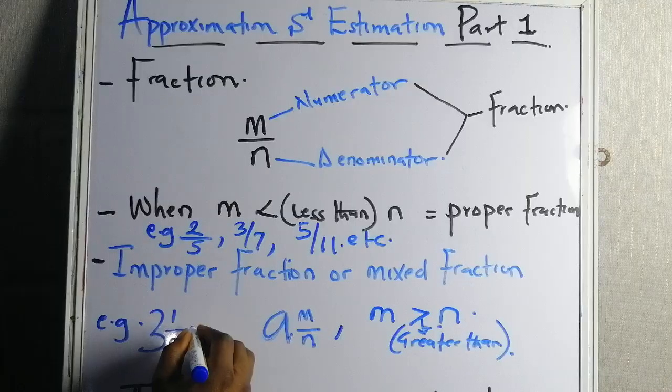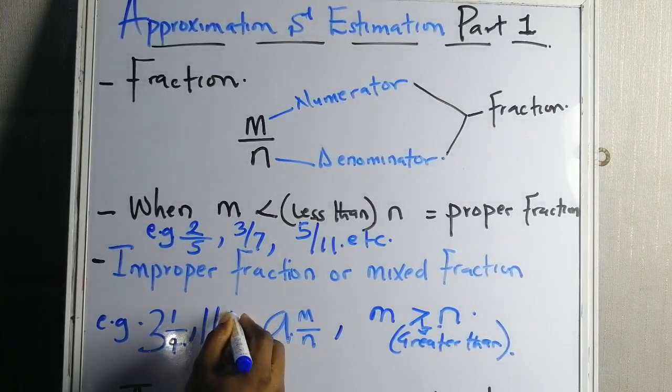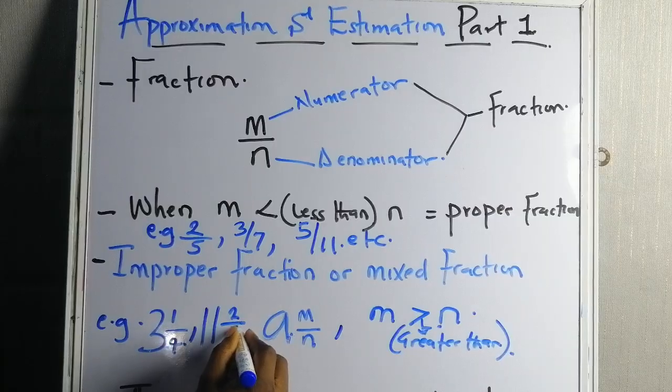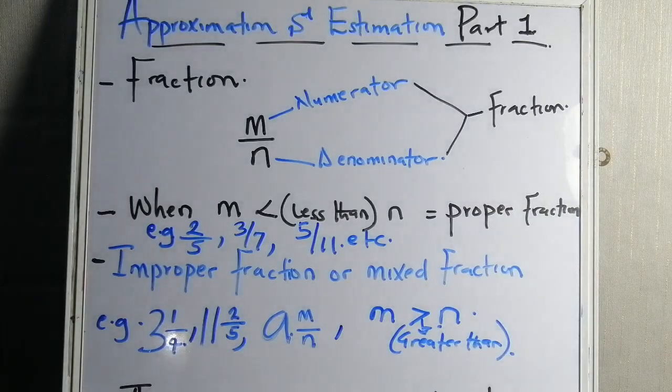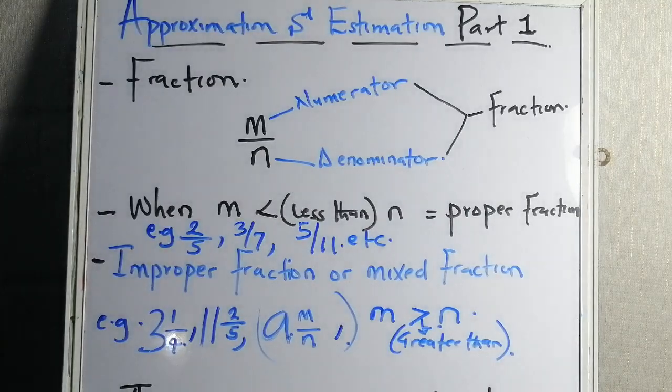You can also have this example here. You can use any whole number, that is 11 and 2 over what? 5. That's another example that I can give here. So 11 whole number 2 over 5. If I want to convert it to an improper fraction, this is what? 5 times 11.